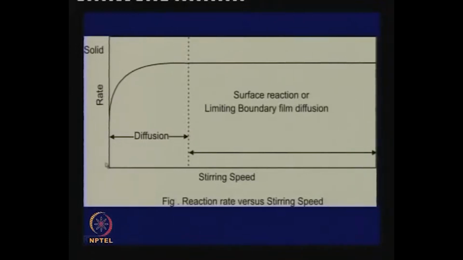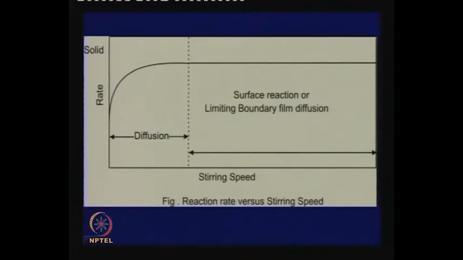We discussed this a little more from the kinetic point of view, that any leaching reaction can be expedited by stirring, because there is a concentration profile at the surface and there is a concept of boundary layer, where say 99% of the concentration change takes place. So, if you stir the solution, the boundary layer is reduced, the concentration profile is made steeper, because the boundary layer becomes thinner as the stirring speed increases.